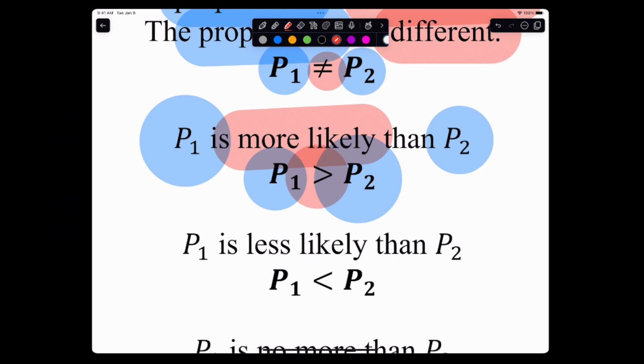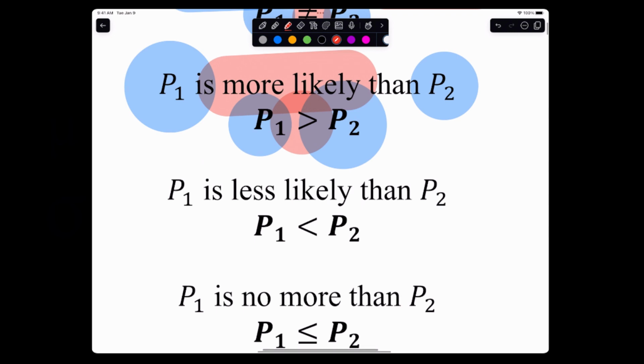That means a greater than probability. Who's more likely to own an Xbox, men or women? What do you think, ladies? Would you rather own an Xbox or would you rather own a PS5? Don't know.